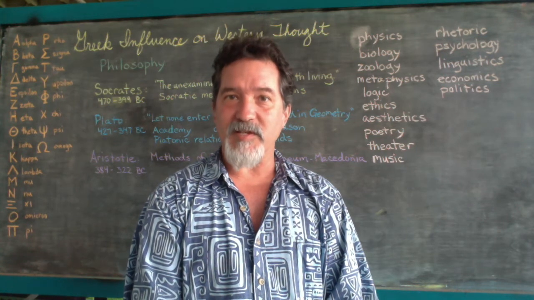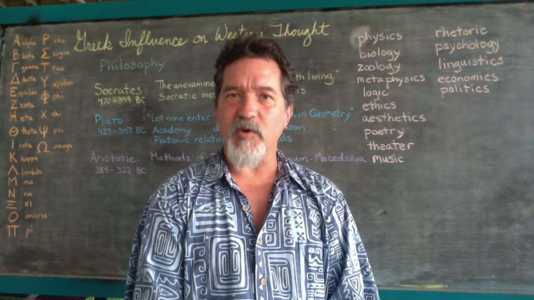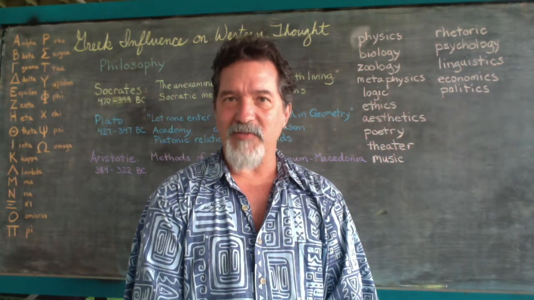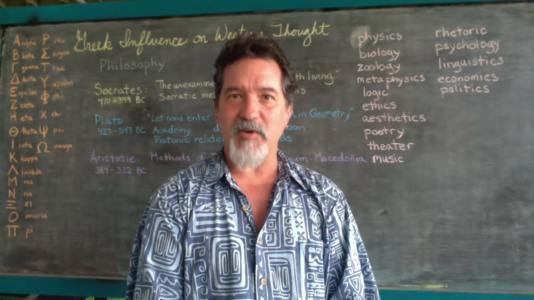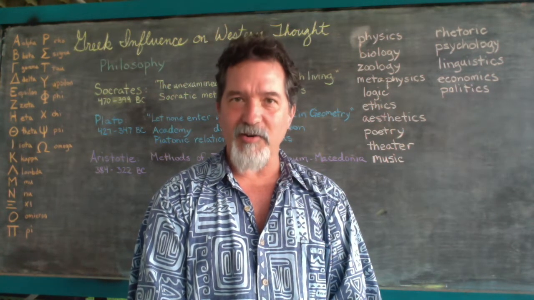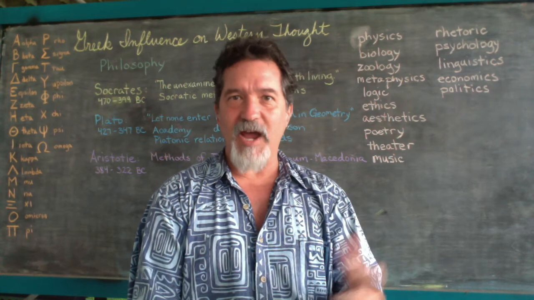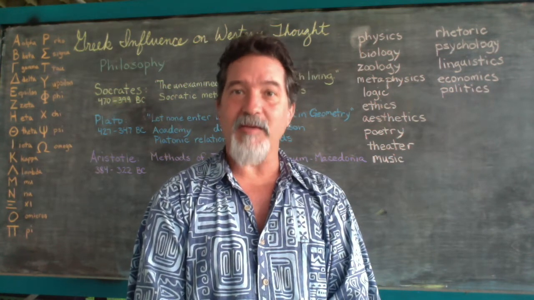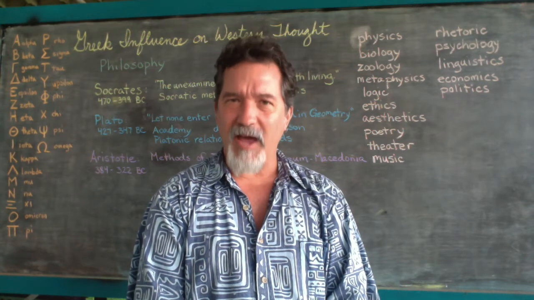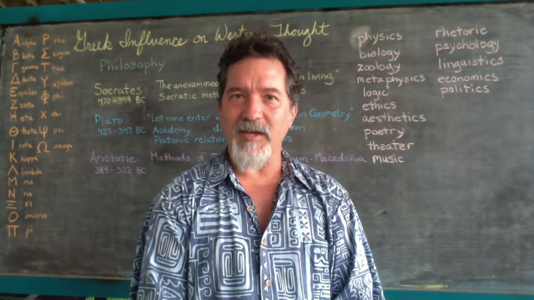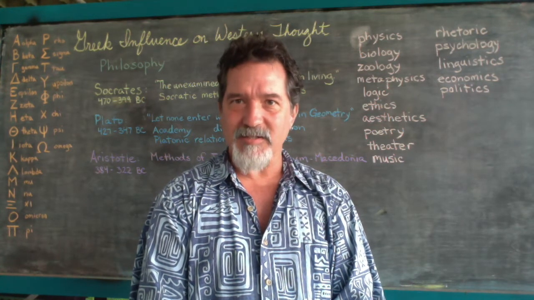Metaphysics would be how things work on a higher level than we can understand. Quite often, metaphysics can go into things like spirits and ghosts, all kinds of things that are beyond our understanding in the rational world around us. Logic, a way of thinking about things with a clear pathway so that we can get from point A to point B in our thinking and it makes sense.